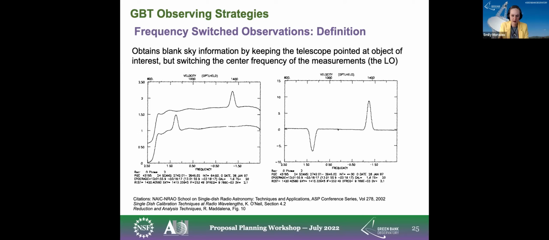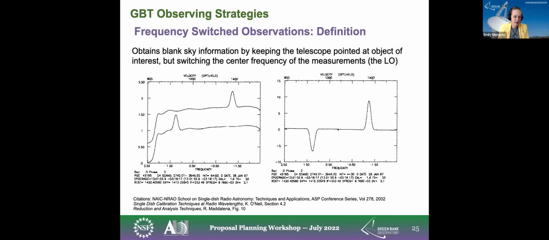And then later in data reduction, you do a rather sophisticated, effectively a subtract and divide, to combine this information to produce your spectral line. You can do in-band or out-of-band frequency switching. It's based on your science. But yeah, in post-processing, you correct for this and obtain your spectral line.